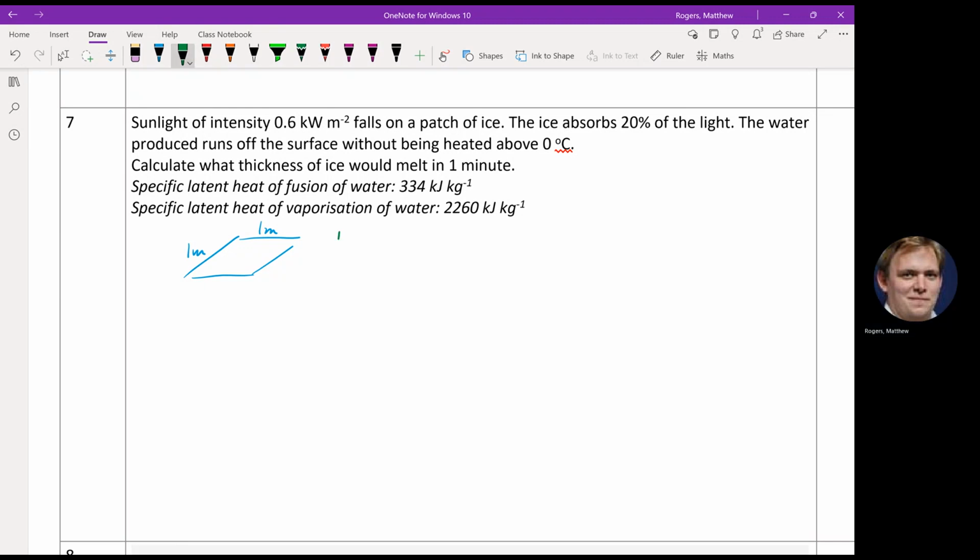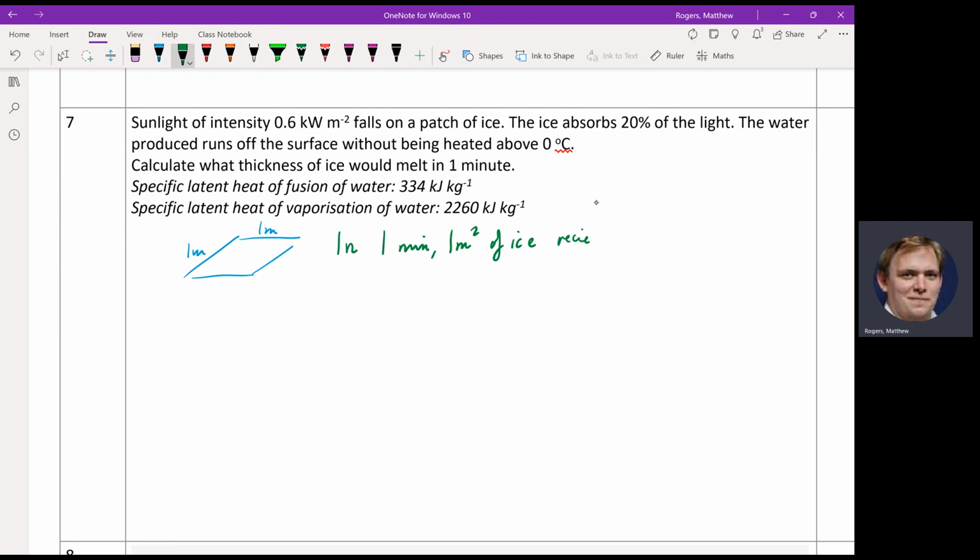So in 1 minute, 1 meter squared of ice receives, so it's 600 joules each second, but the minute is 60 seconds long. So that is 36,000, isn't it? 36 kilojoules.